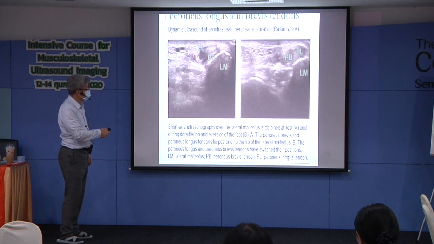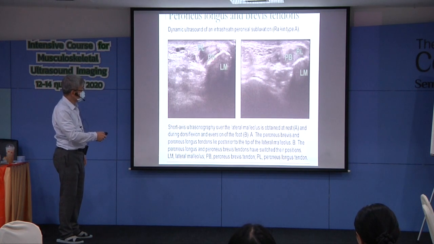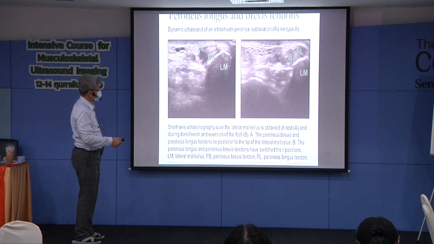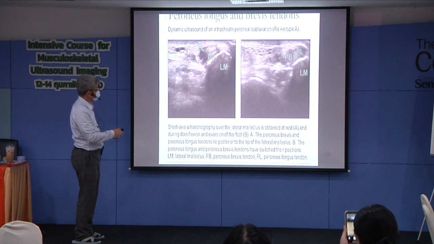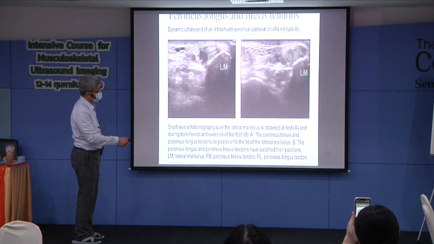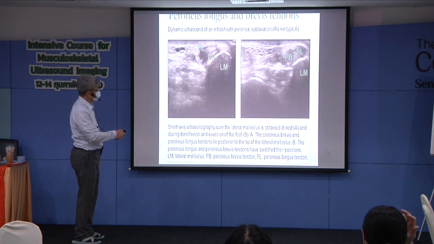Basically, it looks like this: brevis close to the malleolus, then longus. But during dorsiflexion, the longus moves forward and close to the lateral malleolus, and the brevis moves backwards.